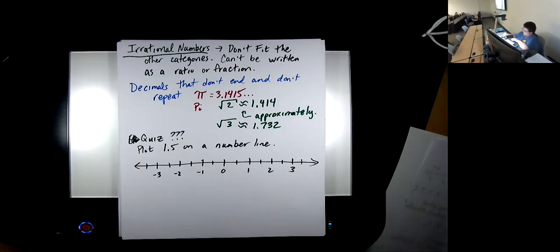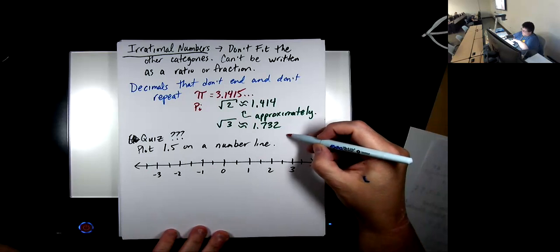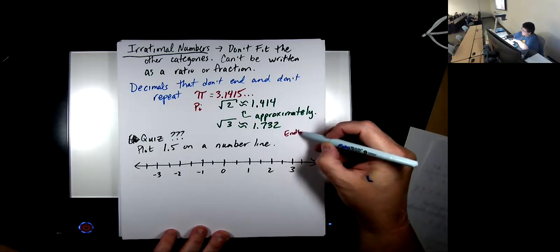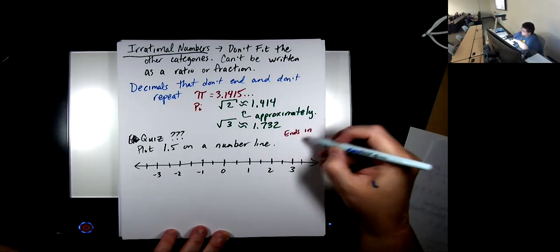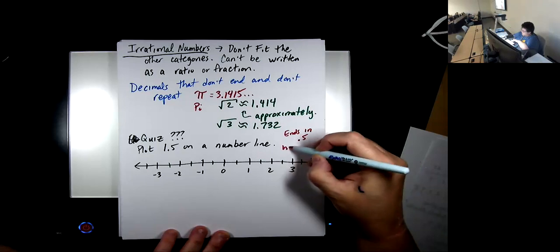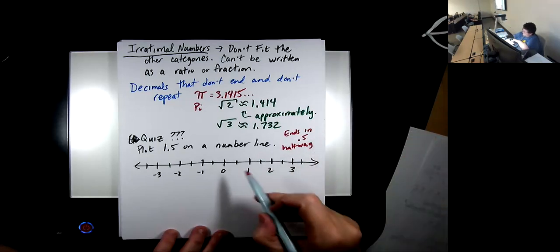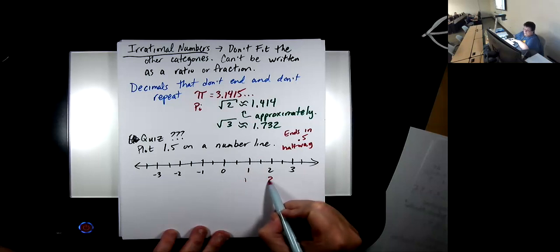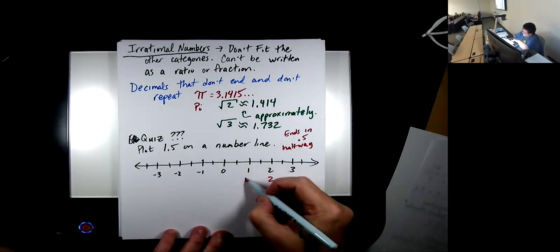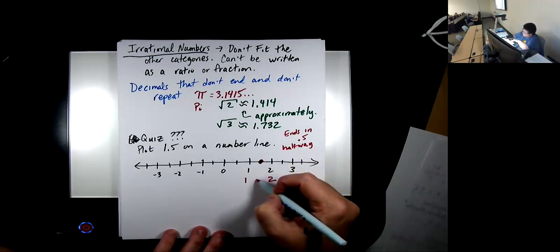So like 1.5, if it ends in 0.5, it's halfway between two numbers. So 1 is here, 2 is here, and halfway between them is 1.5.